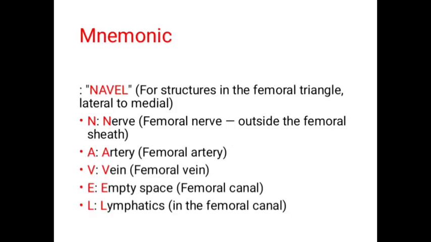Now here's a mnemonic that can help you remember what is seen in the femoral sheath. But this mnemonic is ideally meant to be used for the femoral triangle, which is NAVY.